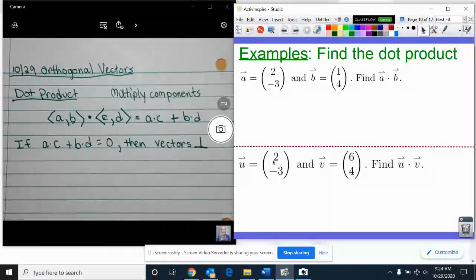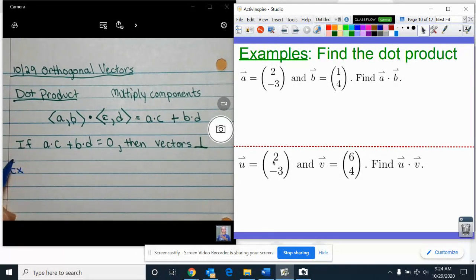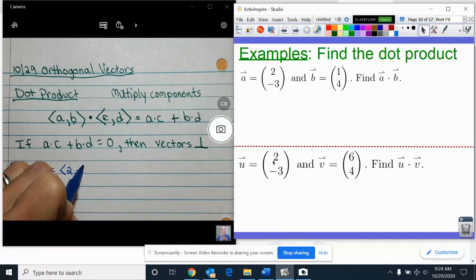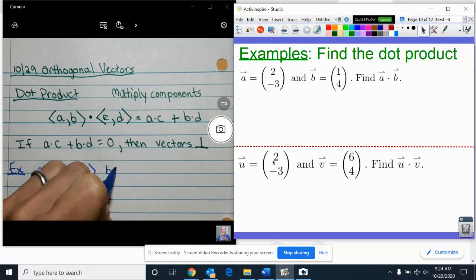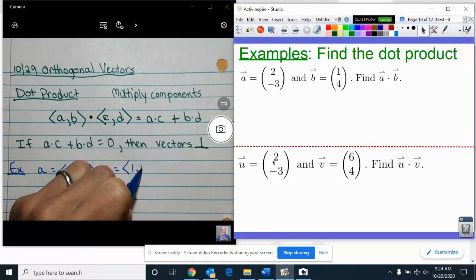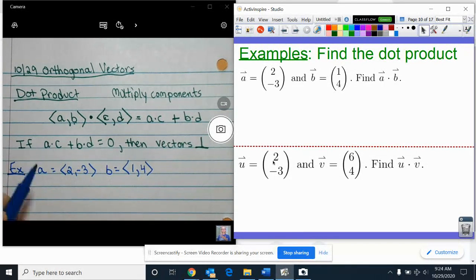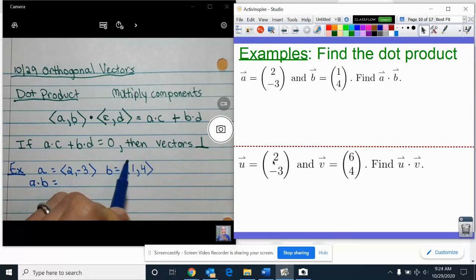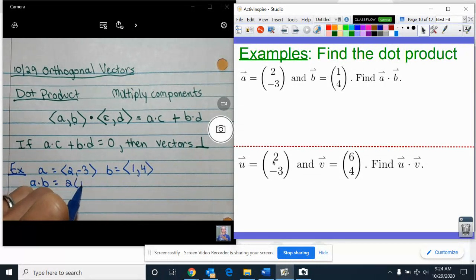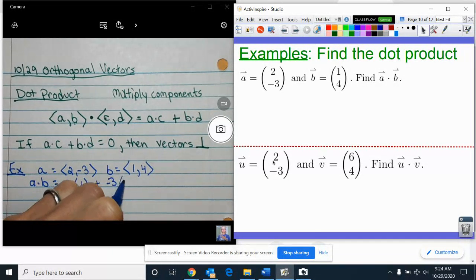So starting with A dot B, let's remind ourselves of these two vectors. So here is an example. Vector A is 2, -3. Vector B is 1, 4. When we find their dot product, we multiply components: 2 times 1 plus -3 times 4.